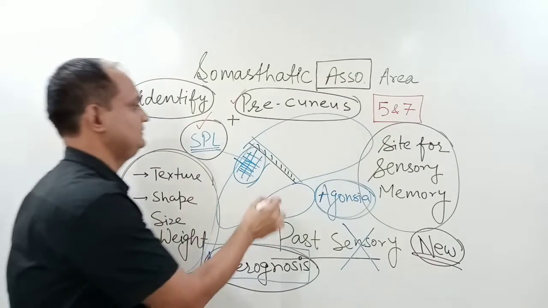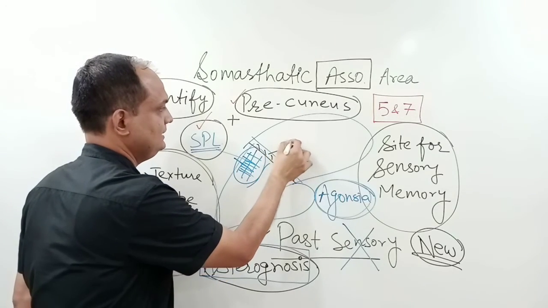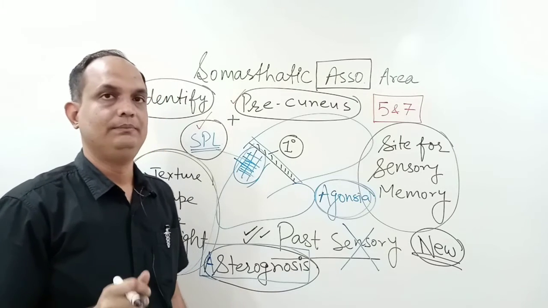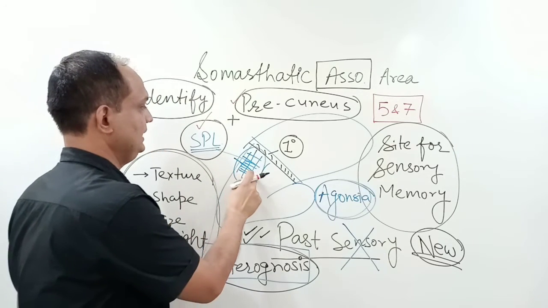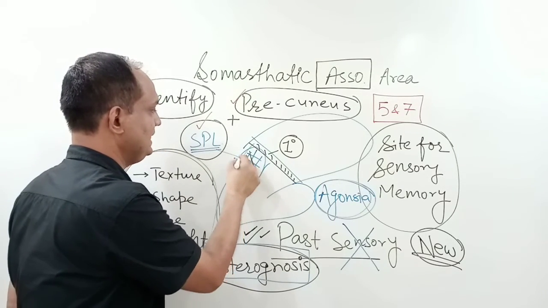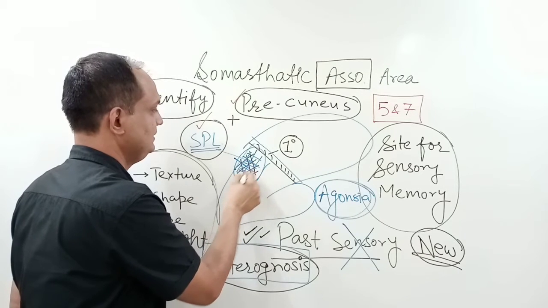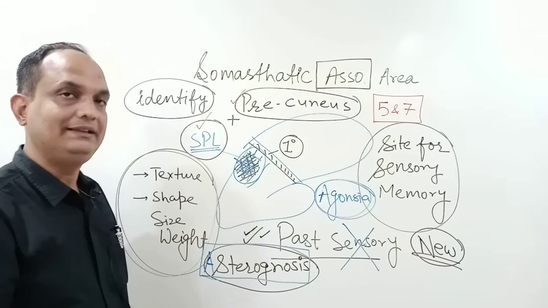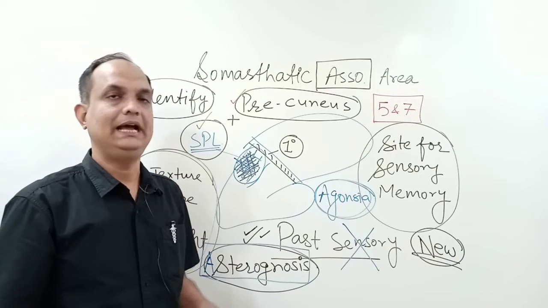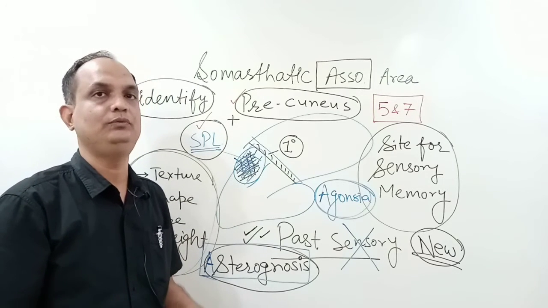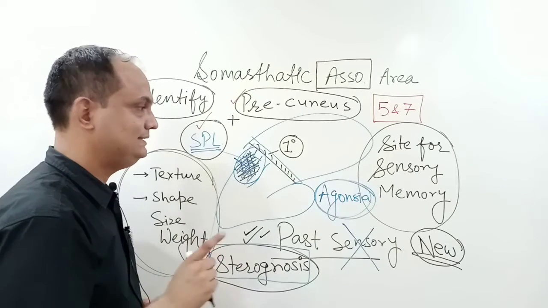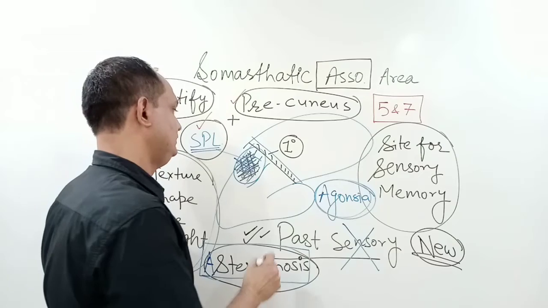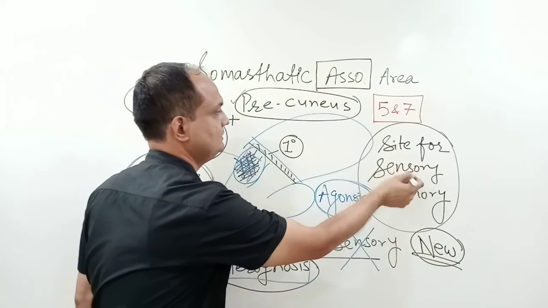Because the primary area is normal, the person is able to feel, but he is not able to recognize because his past experience memory is lost. That is the difference: whether the person is able to feel or not. Yes, he is able to feel, but he is not able to reply because of the loss of his sensory memory.